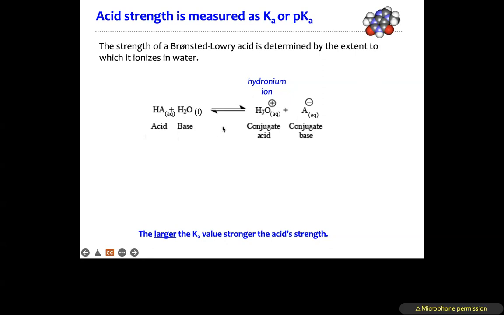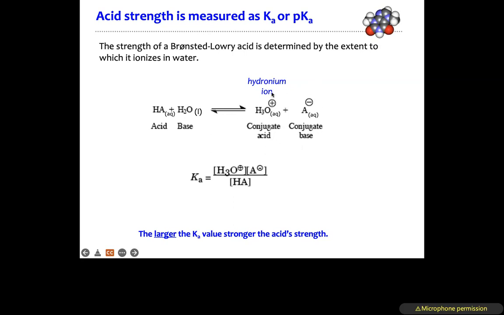We can also find the Ka value, which is going to be based on the equilibrium expression, products over reactants. We can see that when acid dissociates in water, it's going to make hydrogen ions or hydronium ion and the conjugate base of it.